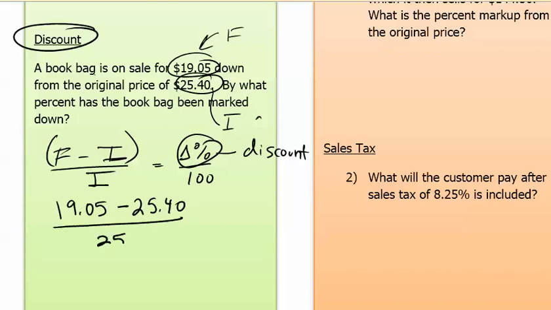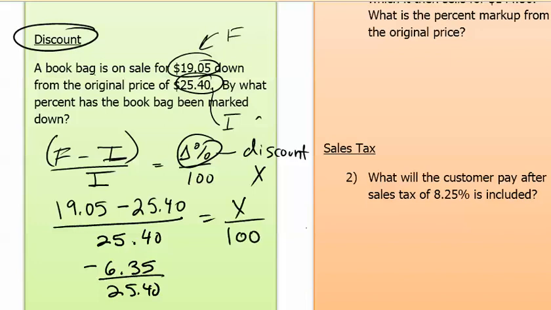What is 25.40 subtracted from 19.05? I'll give you a second to pause and do that. Okay, it looks like we should get negative $6.35 over $25.40.